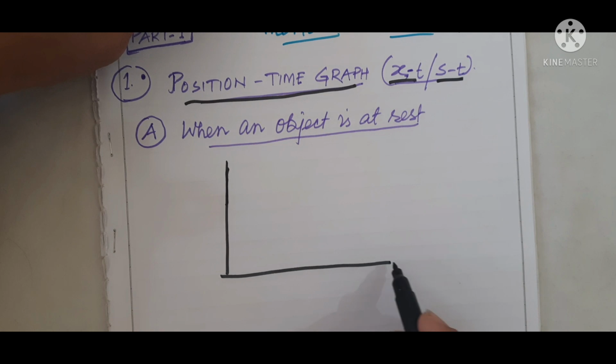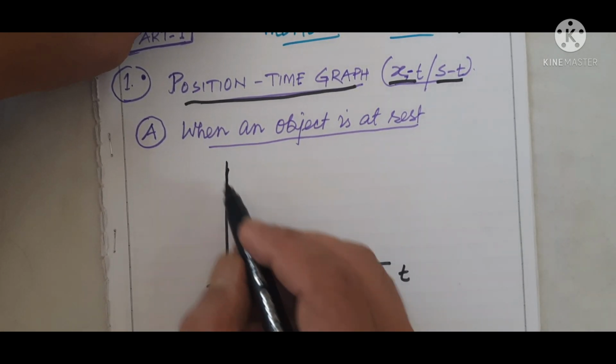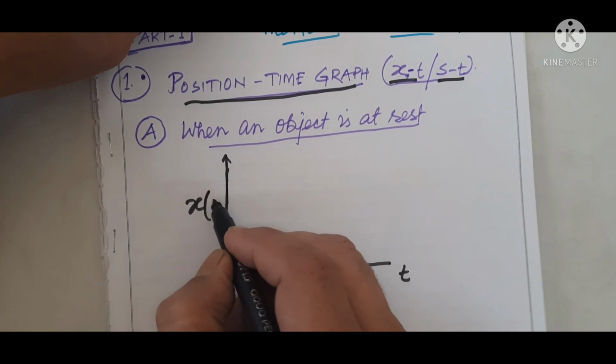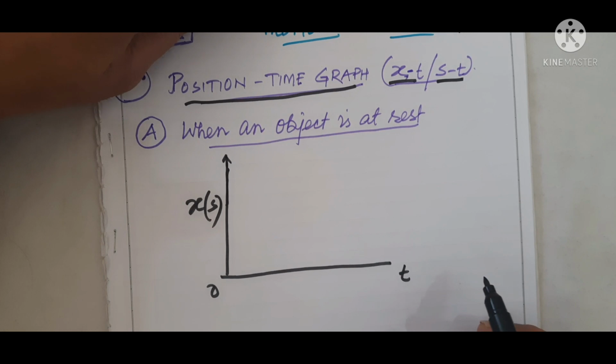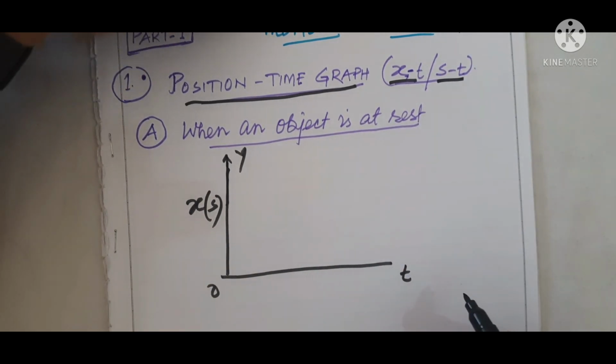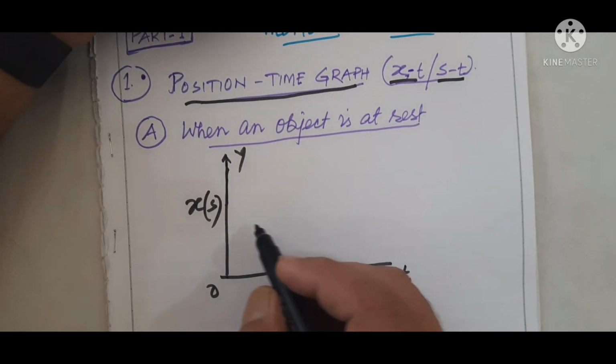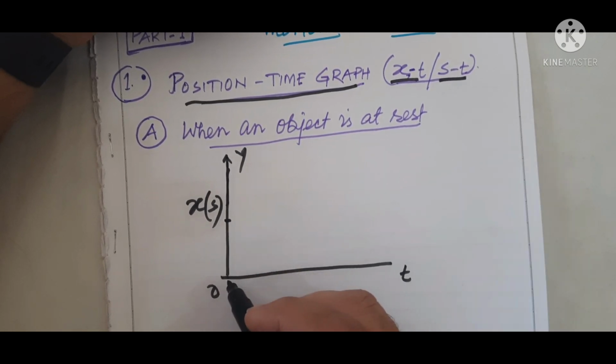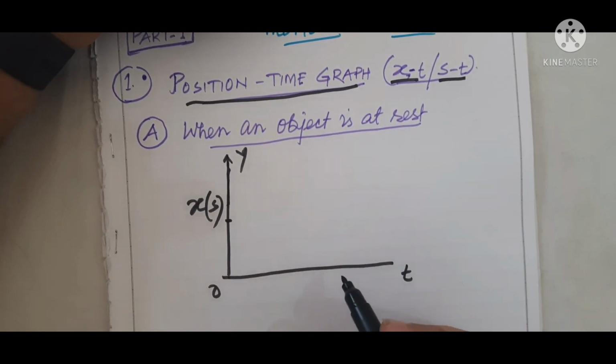the object is at rest, and usually we are taking the t in the x-axis and x or s along the y-axis. Object is at rest from the origin. Say for example, one car is at rest at 10-meter distance or something.